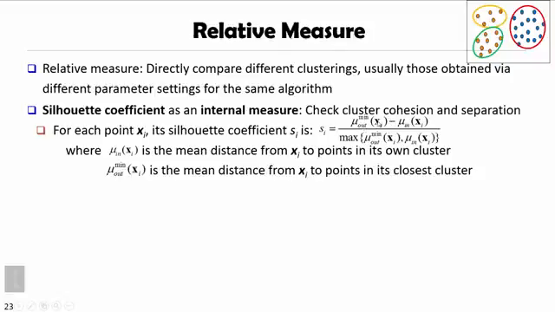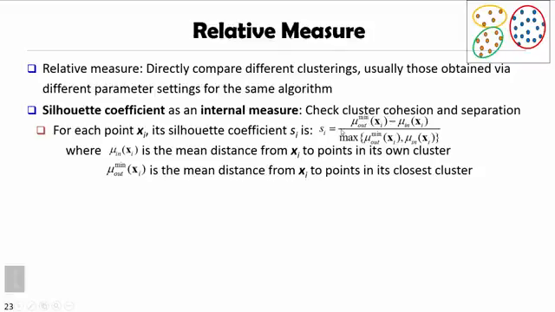Then what we want to see is their difference. You can probably clearly see that for any point x sub i, you want the internal distance to be reasonably small, but even to its closest cluster, this average distance to be reasonably big. So to that extent, this value usually should be positive, and the more positive, the better.